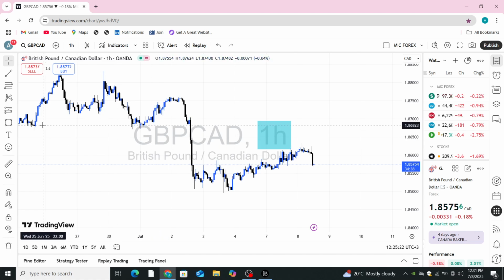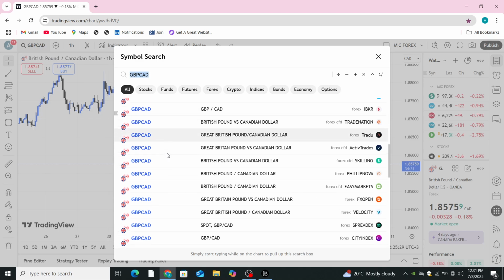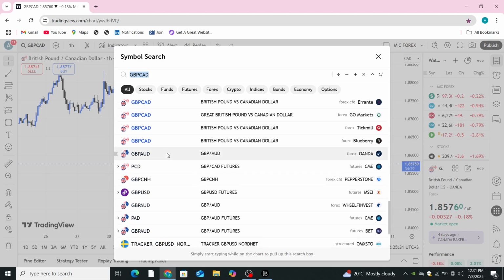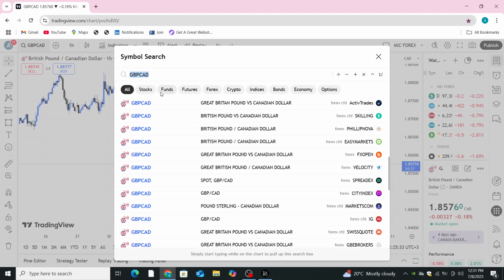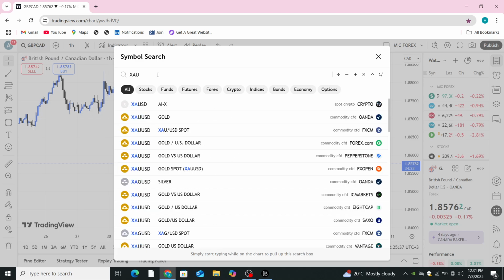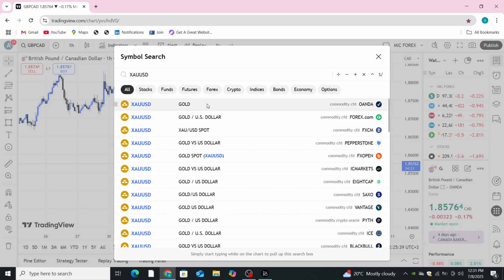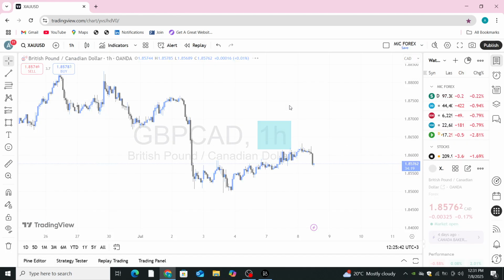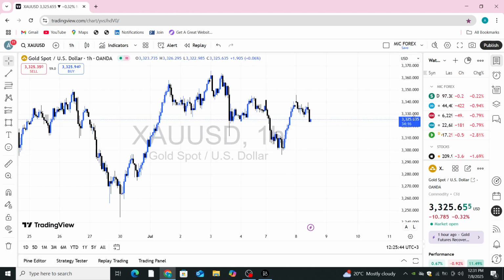Another thing that you need to understand is how to choose a pair. You can come here and choose your pair. For example, this is GBPCAD, but you can always change. If you want to trade gold, that is XAUUSD. I like choosing OANDA, but you can choose OANDA or whichever you want.